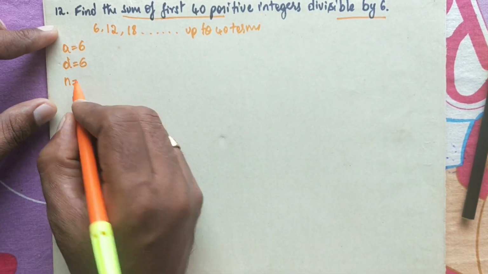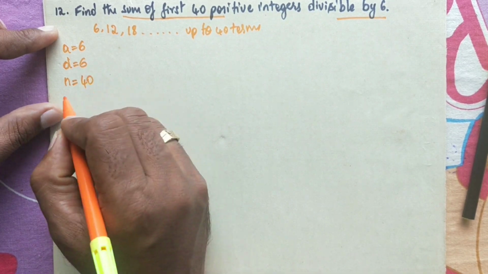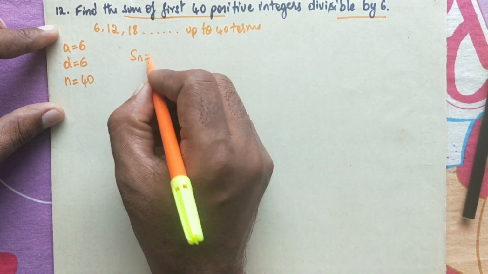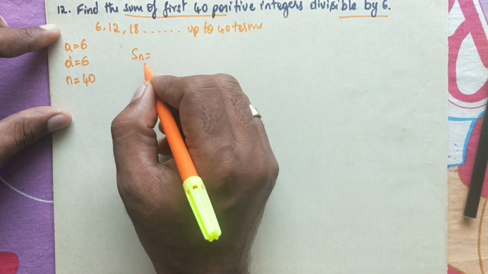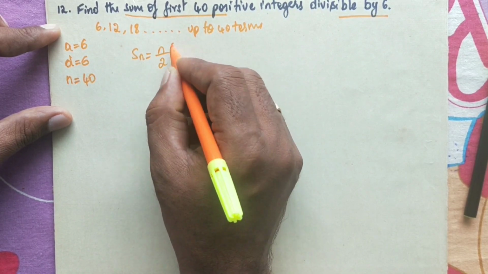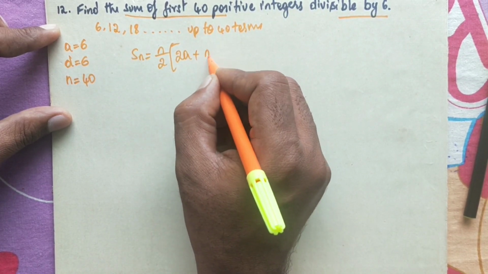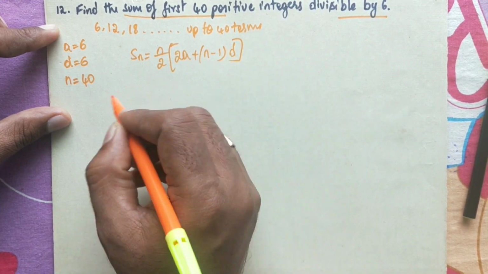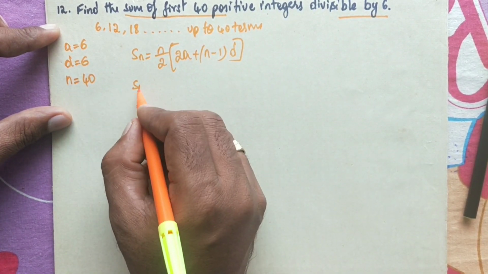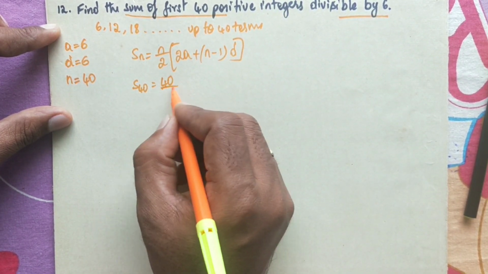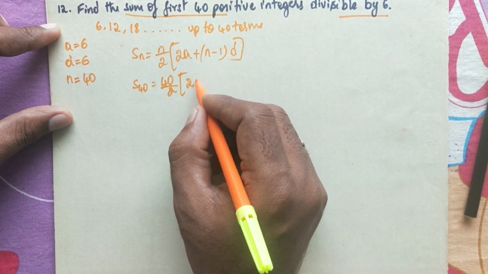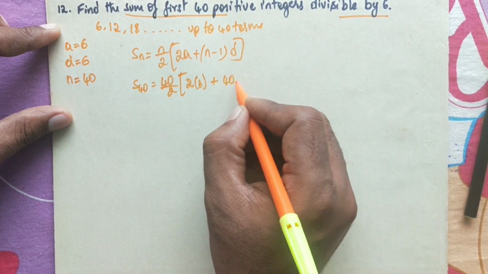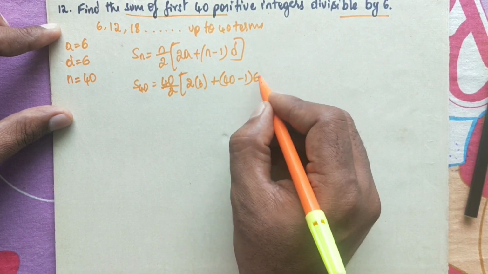So n is equal to 40, total number of terms. Sn is equal to n by 2 into 2a plus n minus 1 into d. So here S40, n is 40, so S40 is equal to 40 by 2 into 2 times a, which is 6, plus 40 minus 1 into d, which is once again 6.